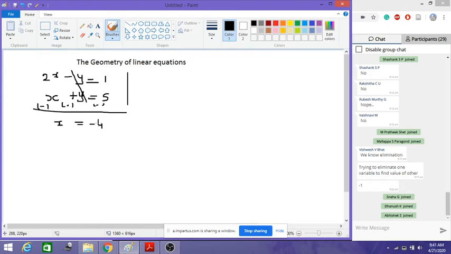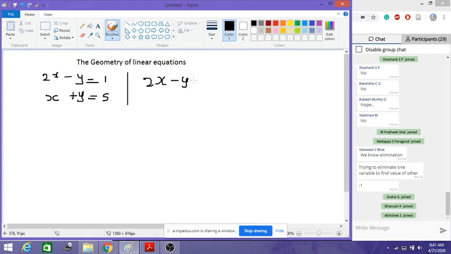No, I think it's not right. No, I think there is something wrong. So let us multiply equation 2 with 2 and then subtract with equation 1.